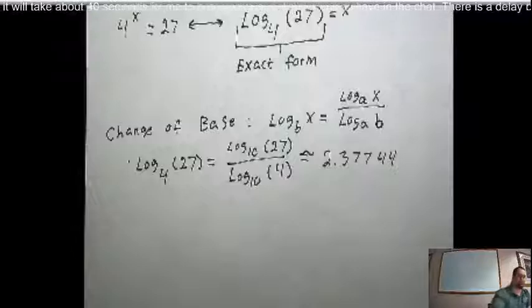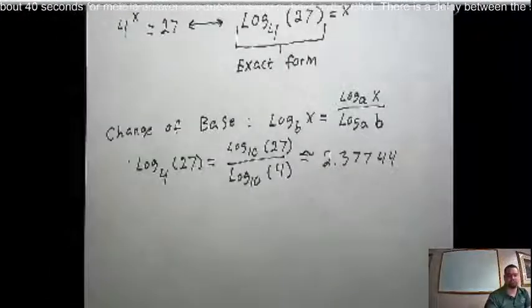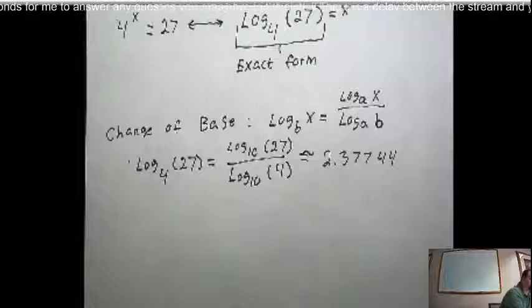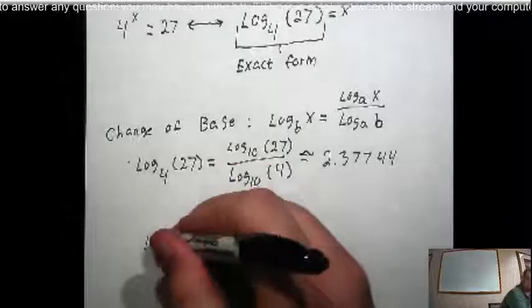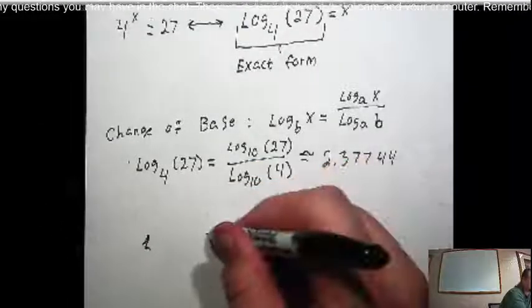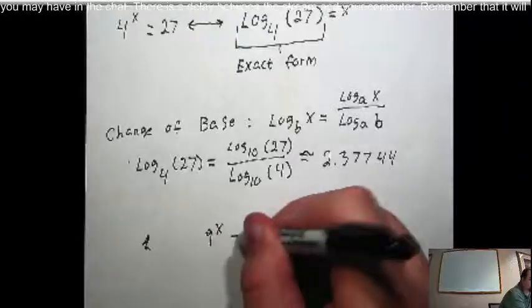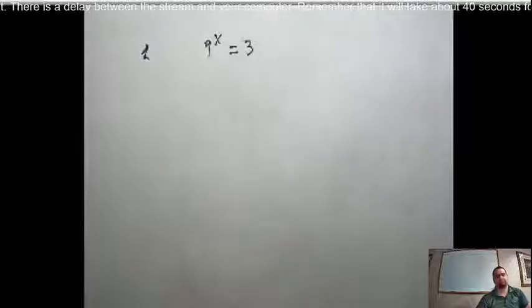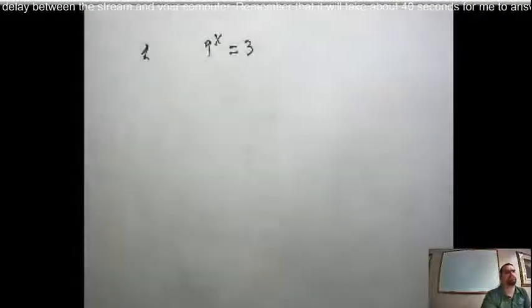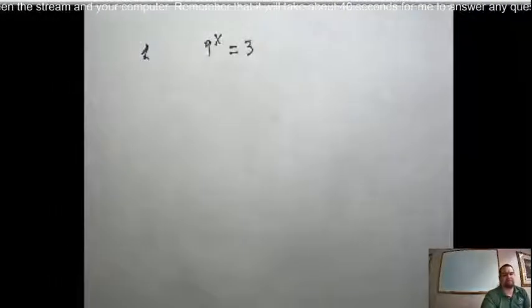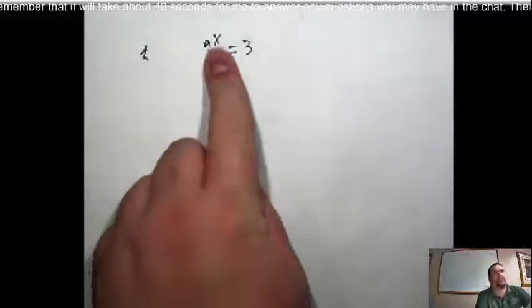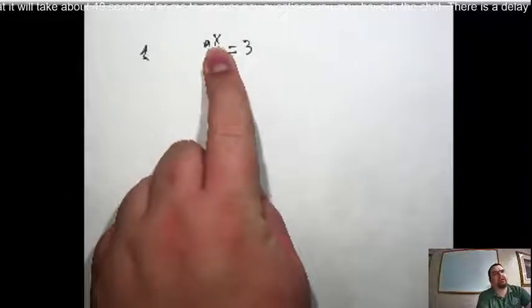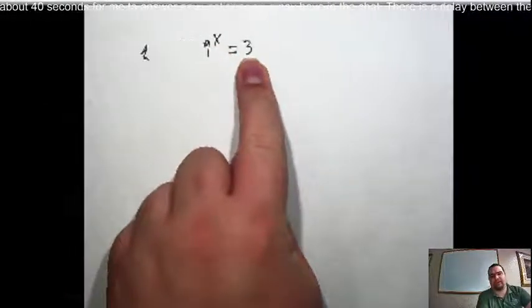Okay, let's take a look at another one. How about 9 to the x equals 3? Well, how can we raise something to a power and then get something smaller?